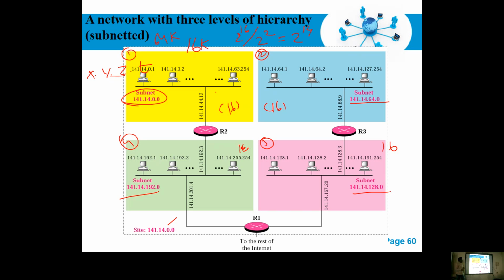So the last computer will have this address. Similarly, here I am starting at 128.0, so the previous one will have 127.255 as the broadcast address, and the last computer address will be 141.14.127.254. So that is how I can get these addresses.